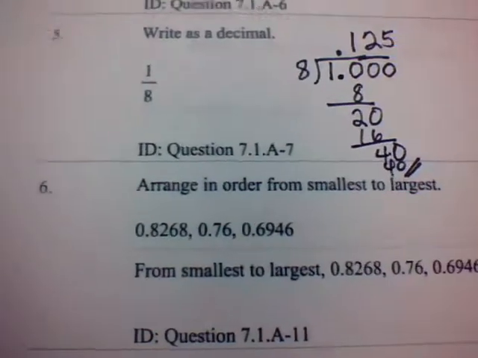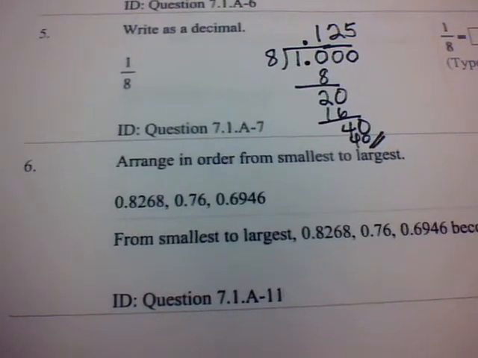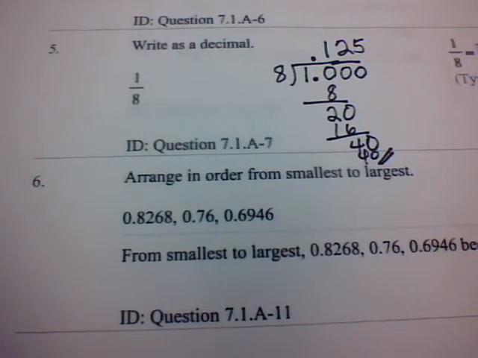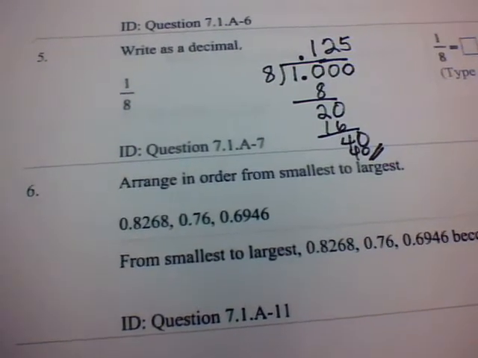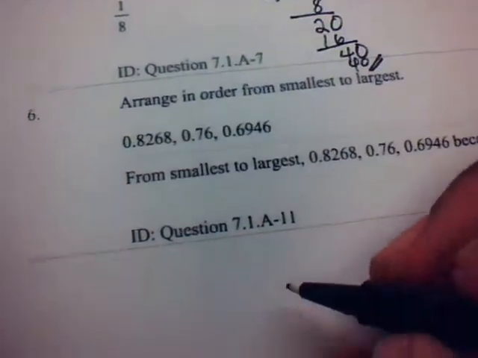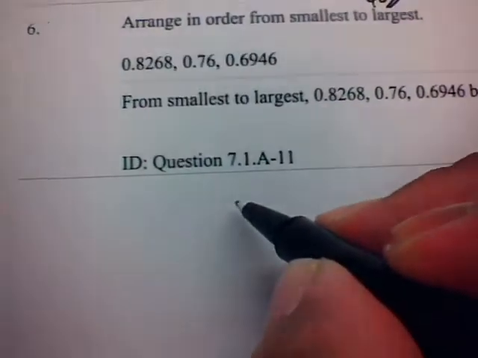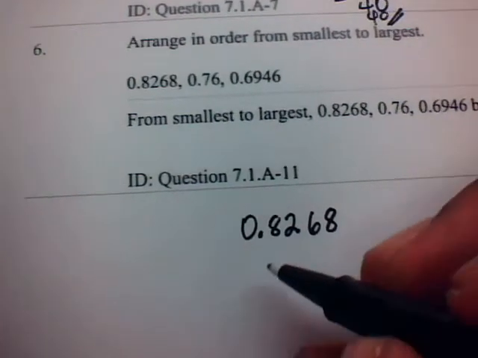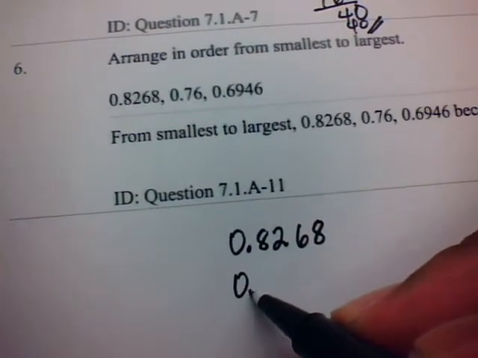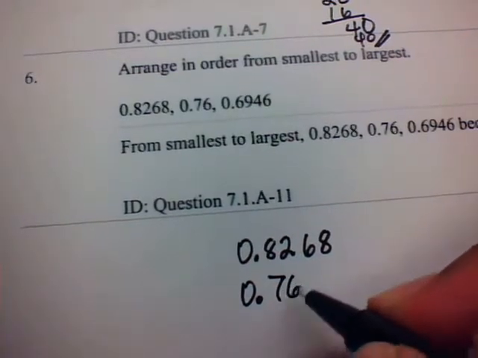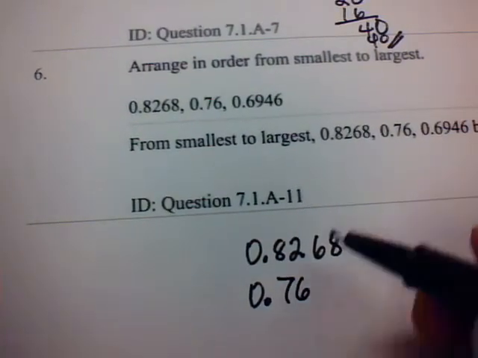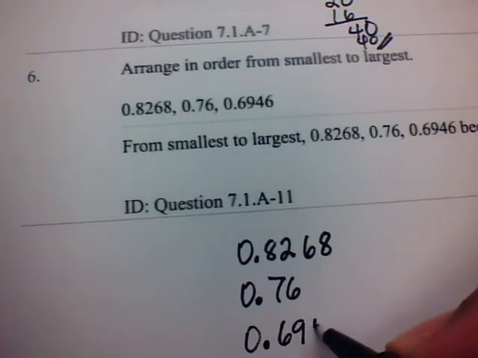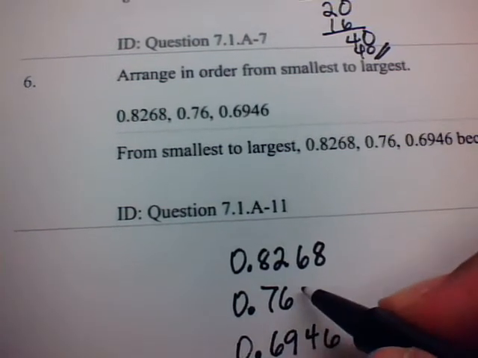All right, problem number 6 is to arrange in order from smallest to largest. We got 0.8268, 0.076, and 0.6946. What we can do here is line up those decimal place value positions so that we can compare each place value position one at a time. And what I'm going to do here is put 2 zeros here.